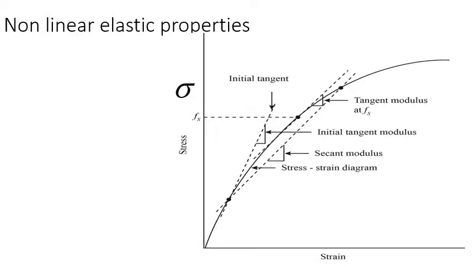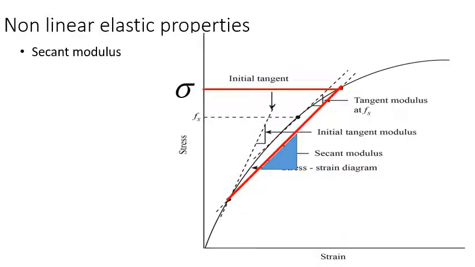So what is the secant modulus? Here you can see this is our curve. Secant means first we will specify some stress. This is a specified stress.